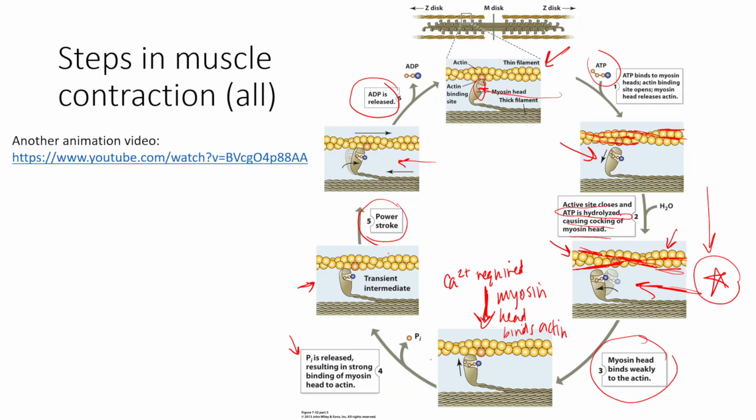So calcium would not be present at the top before step one, like the very top where the arrow is pointing up, over here where the picture is of the sarcomere? Wouldn't there be calcium yet there? So you can do that step if there is no calcium, provided that there was calcium at some point before that allowed the myosin head to bind. So basically, let me get a different color.